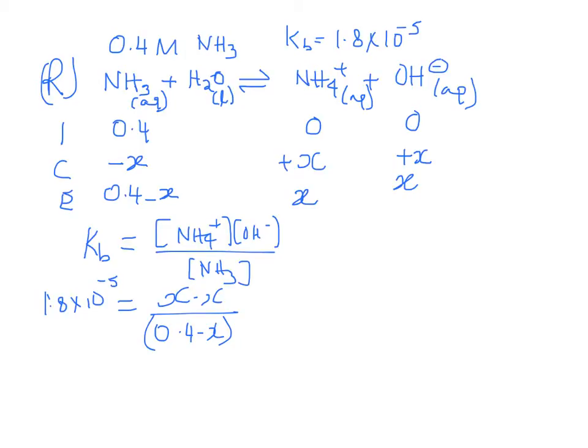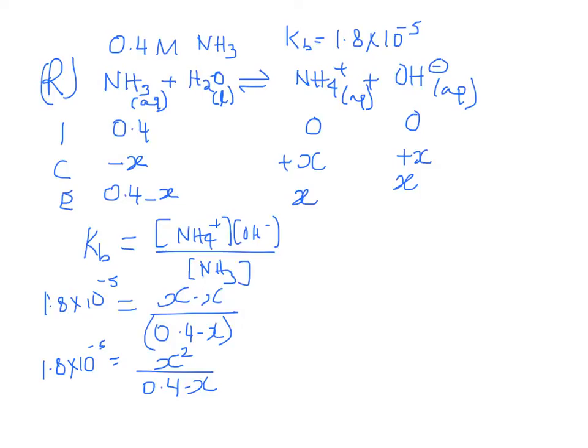Now, the question here is whether you can use the approximation or whether you'll have to solve the quadratic. First things first, every book will give you a different way, and even OWL will give you a different way, but all of them ultimately boil down to the same thing.